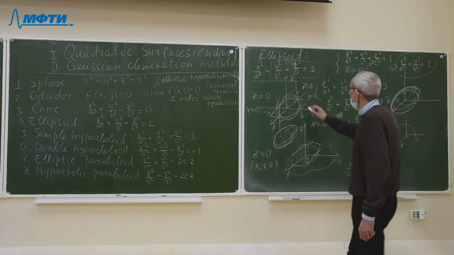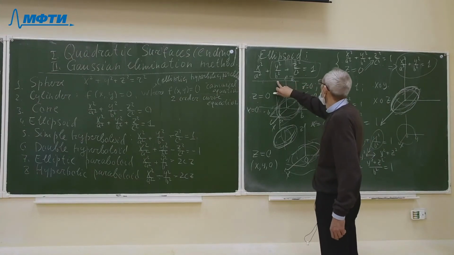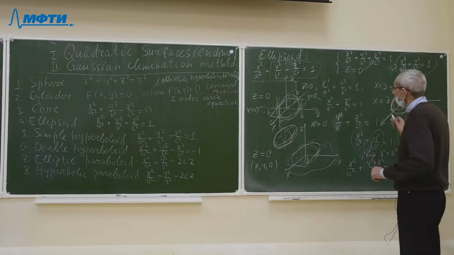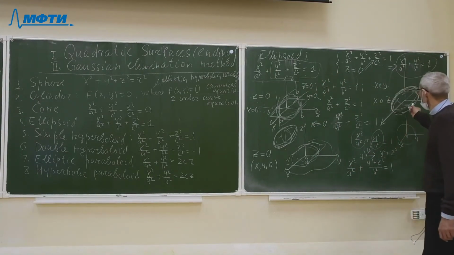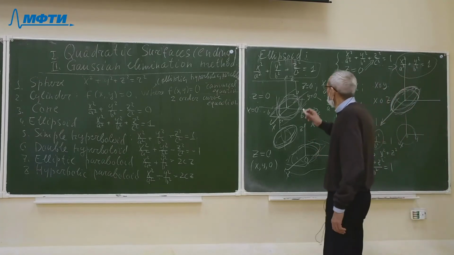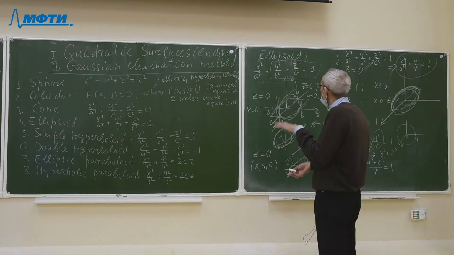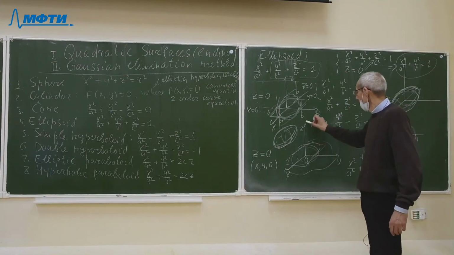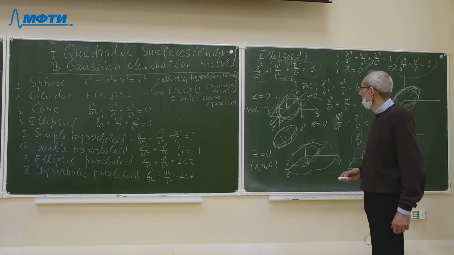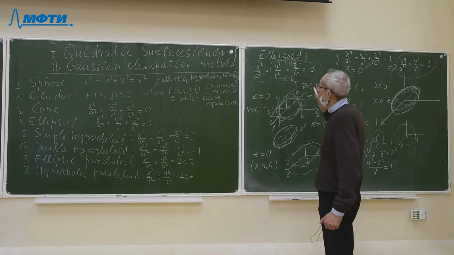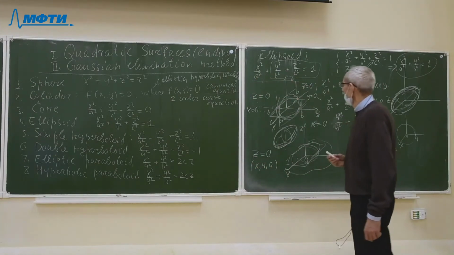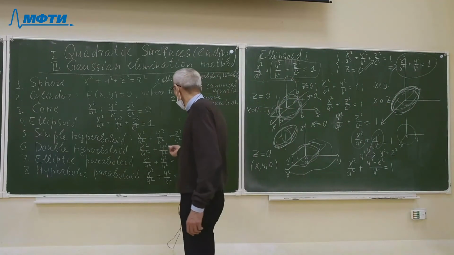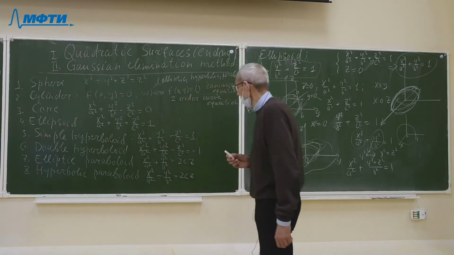In this case, both parameters b and c are equal, and we obtain the rotation surface. But this rotation surface we can shift, for example, in the direction of the coordinate axis OZ, and we obtain an arbitrary ellipsoid. This is another way to obtain the equation of an arbitrary ellipsoid.